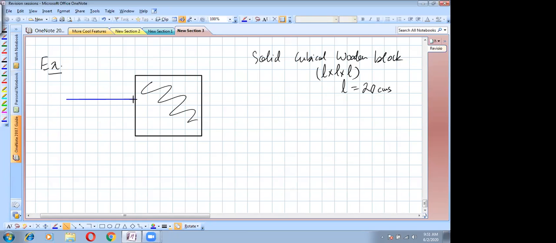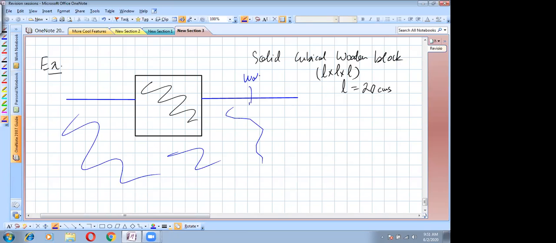Now it floats in water, so density 1 gram per cc. So the block floats in water with 60% volume submerged.